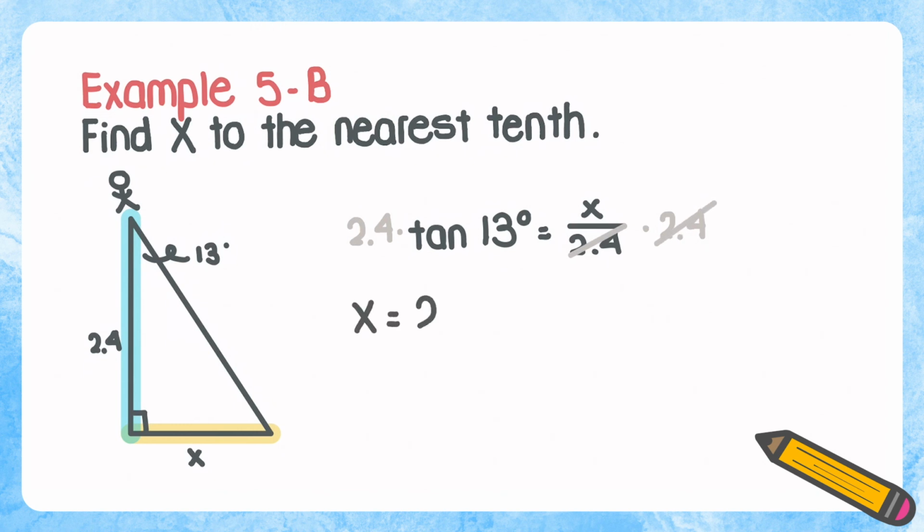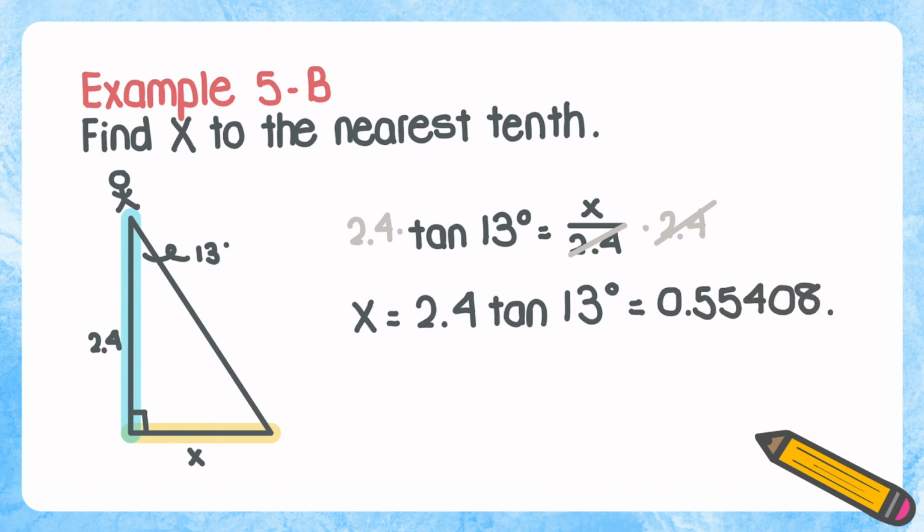So we have that x equals 2.4 times the tangent of 13 degrees. Plug it into the calculator, we get 0.55408. It just keeps going on. But rounded to the nearest tenth, x is approximately 0.6, since we're rounding up in this case.